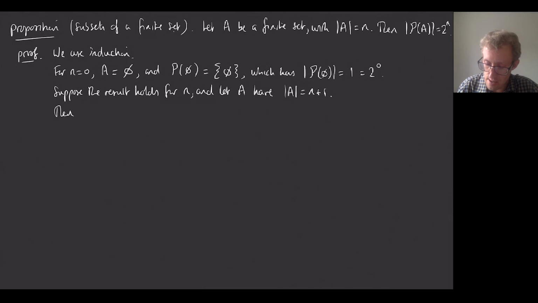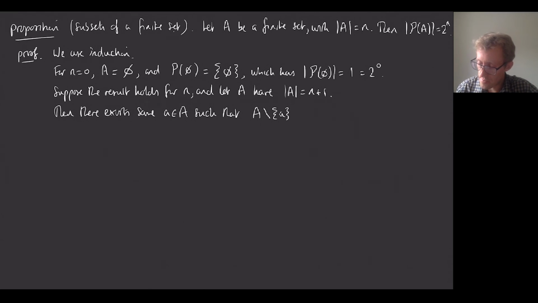So I'm going to say, then there exists some, I'll call it little a, in A, such that if we get rid of little a, so that's going to be A, but having got rid of the set containing little a, and I'm going to refer to this set quite a lot, so I'm going to call that A primed. That's the set having got rid of little a. That has cardinality n.